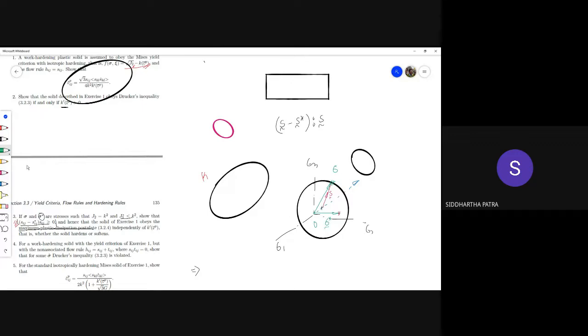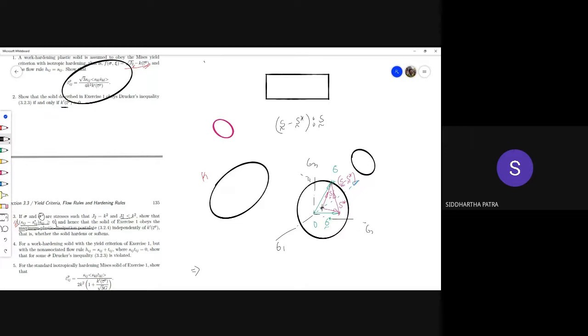Therefore from the center of the von Mises circle, this is S star, and therefore this quantity right here is S minus S star. Now this can be an indirect proof to what we are discussing. So this center right here, all these S vectors are on the same plane, the deviatoric plane. Now this S star could be anywhere within the circle.